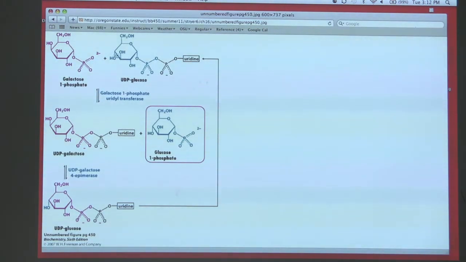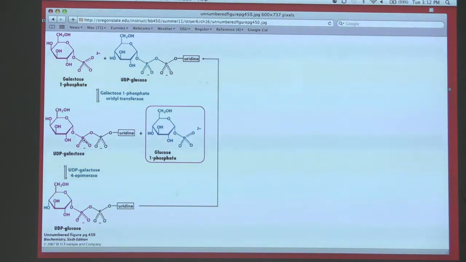Notice this is a glucose and this is a galactose. In the very first step, the glucose that was on here is released as glucose 1-phosphate. So notice the blue guy here becomes the blue guy down over here, and it is replaced by galactose. So whereas we had UDP glucose up here, we actually have UDP galactose down here.